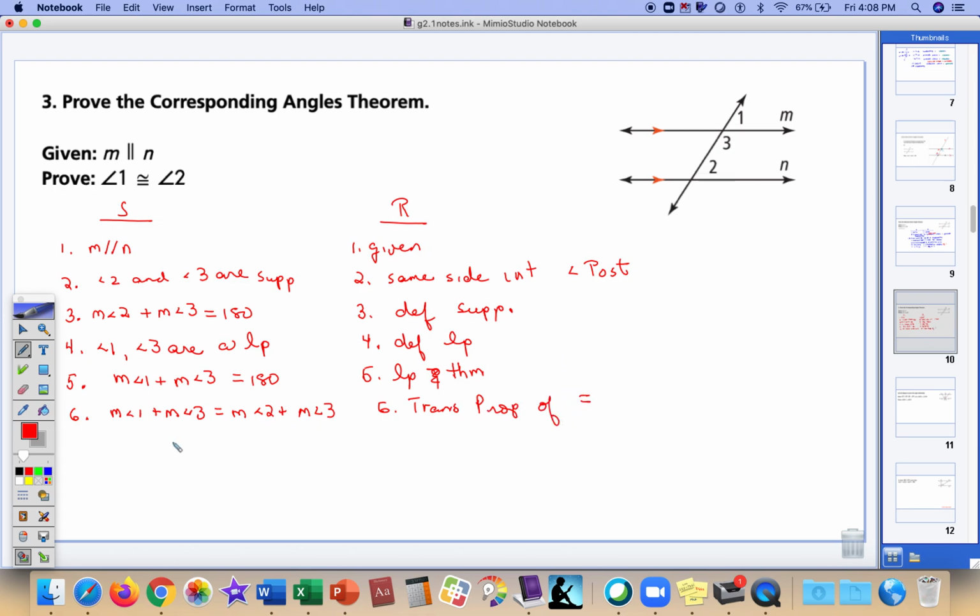Okay, and then we can subtract out 3, and we can say that the measure of angle 1 is equal to the measure of angle 2, subtraction property of equality. And then angle 1 is congruent to angle 2, which is the definition of congruent.